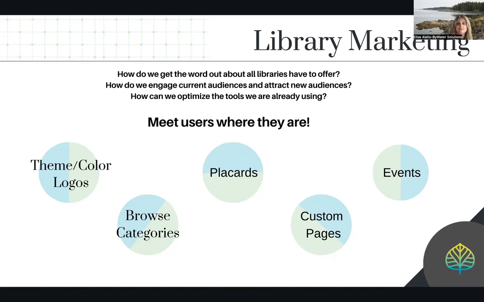We have a web builder integration in Aspen that's available to you as a part of Aspen. And then also events, because libraries are so much more than books, and so many times working in libraries, people had no idea we even offered library programs, and we had such fantastic, wonderful programs. So really promoting those events.